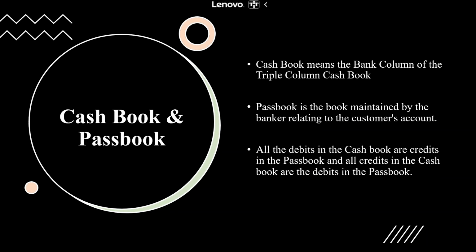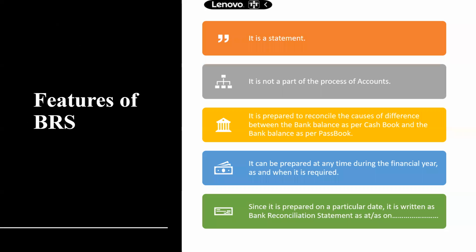So all receipts of checks will be debited and all payments of checks will be credited. When we look at the passbook, passbook will be exactly opposite to the cash book. So in the passbook, all the receipts will be credited and your payments will be debited. So cash book and passbook are exactly opposite to each other.